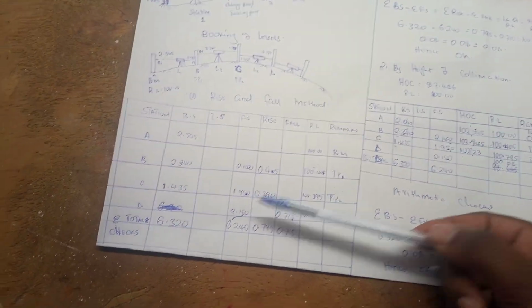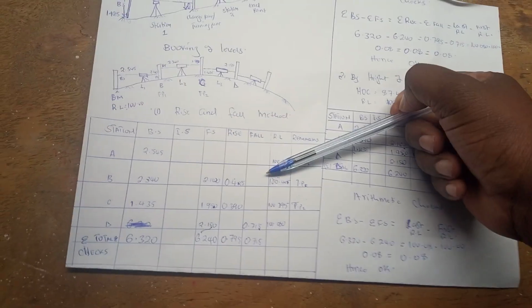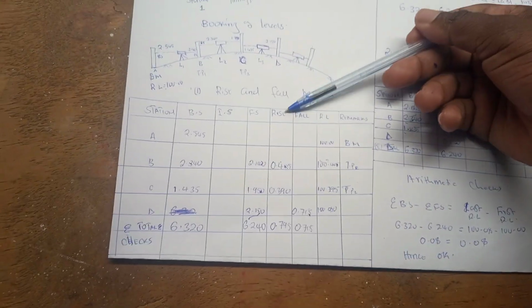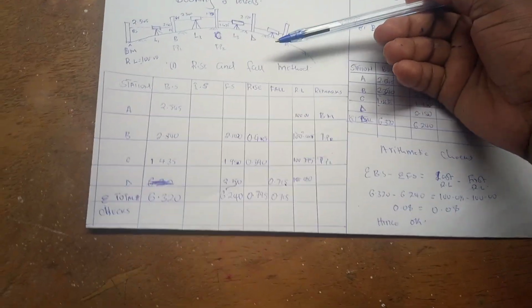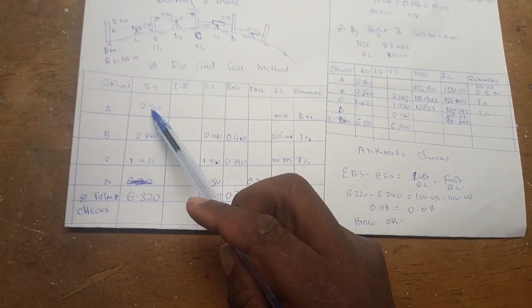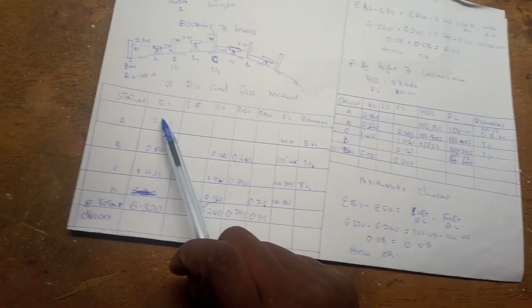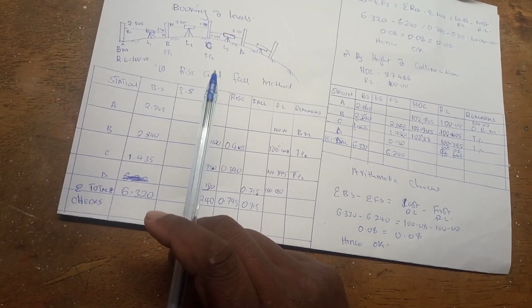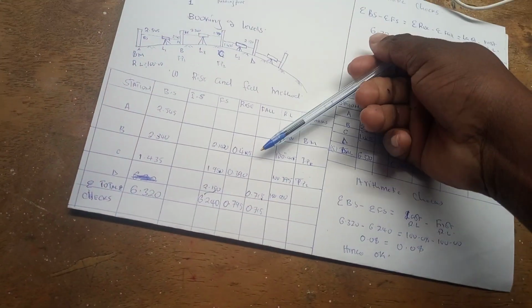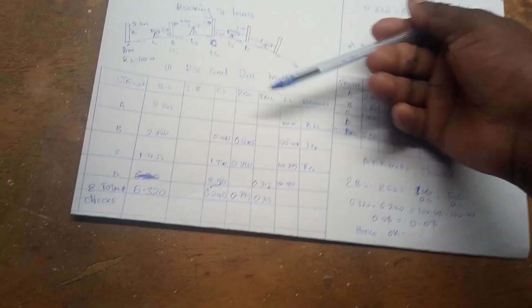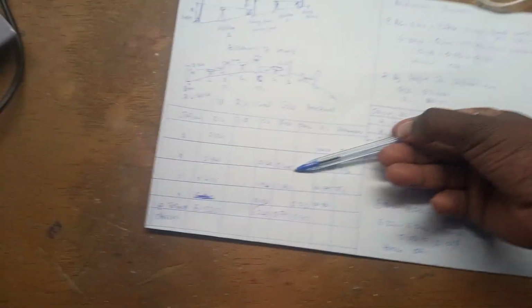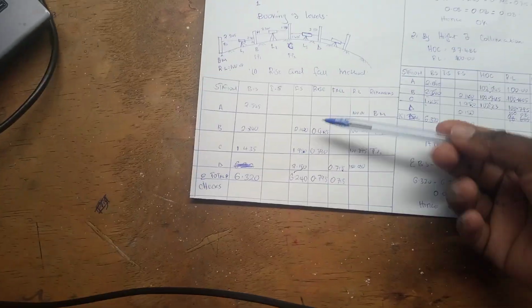Now, when you want to compare if a point is a rise or a fall, you do the subtraction, where you take your backsight and subtract your foresight, and it will tell you directly if it is a rise or a fall. At this point, that was a rise.